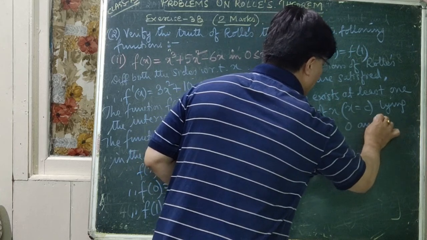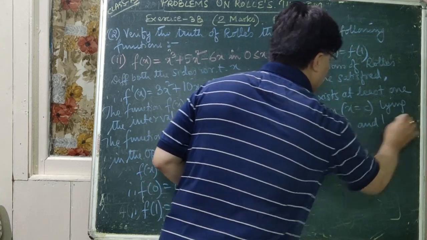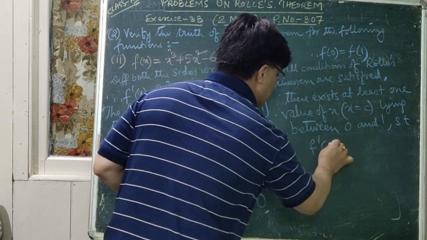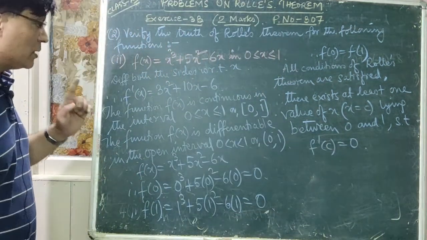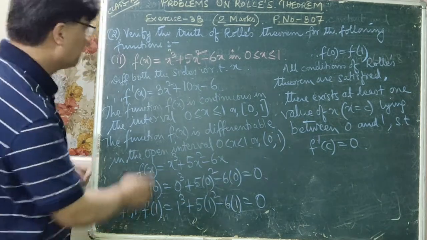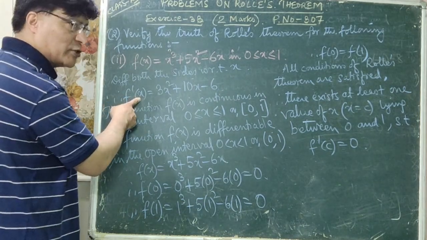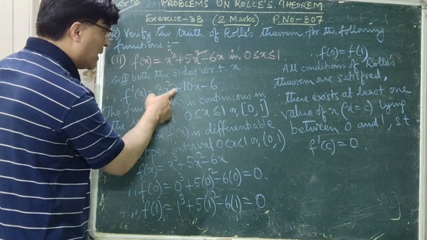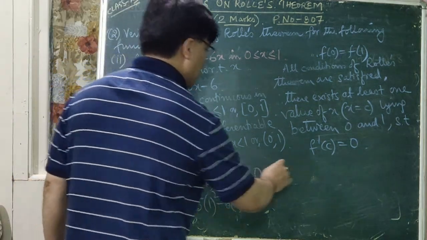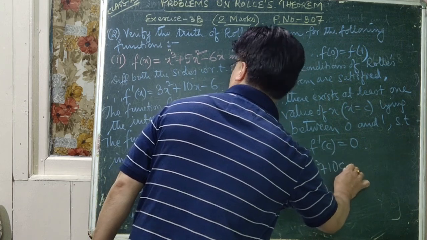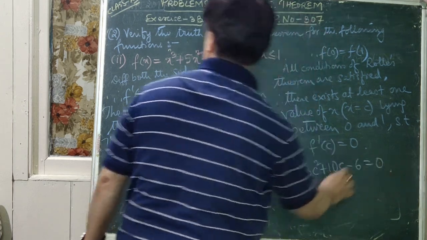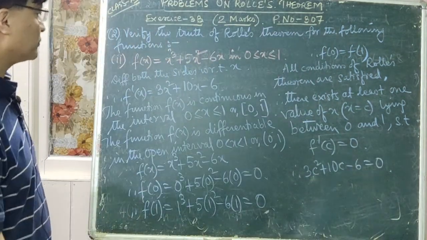Between 0 and 1, such that f dash of c is equal to 0. Is that clear to all of you? Now what is f dash of c here? So instead of x, if you put c, it becomes 3c square plus 10c minus 6. Therefore this will be 3c square plus 10c minus 6, which is equal to 0.